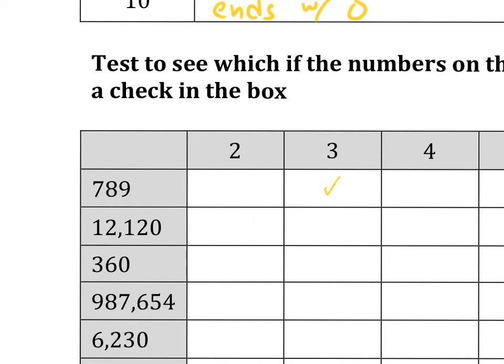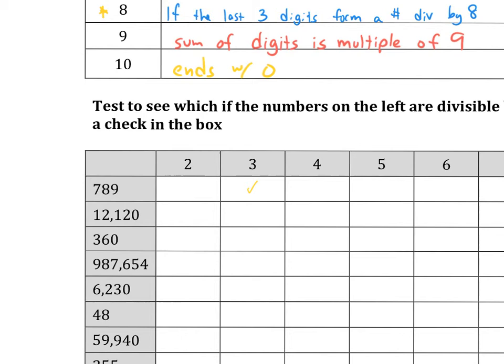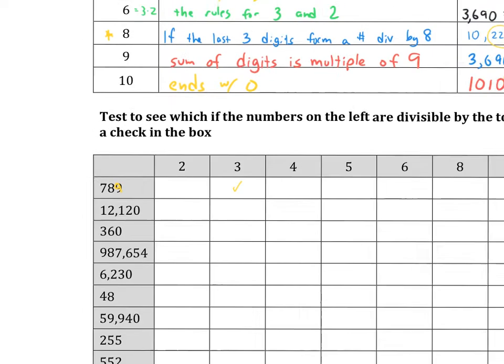So that's a check, divisible by 3. Because 789 is not even, it can't be divisible by 4. 9 is neither 0 nor 5, so it doesn't work for 5.